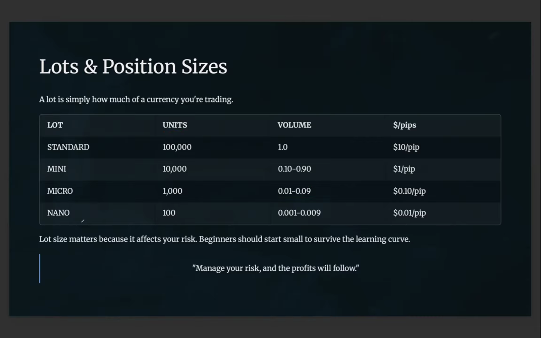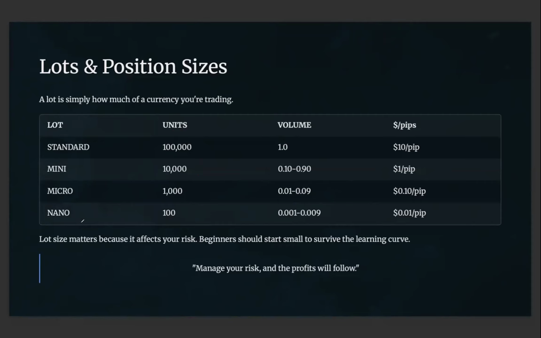Now, what particular lot size is good for somebody that has a $100 account? Like I said the other day, if you have a $100 account or any other account you are trading, I don't expect you to be risking more than 10% of your account. So you are looking to risk between 5 to 10% of your account.